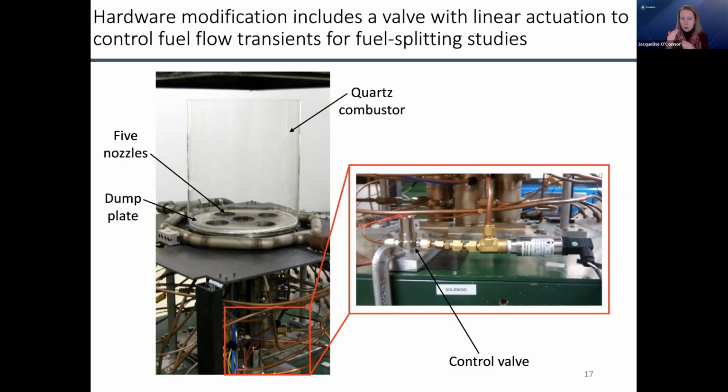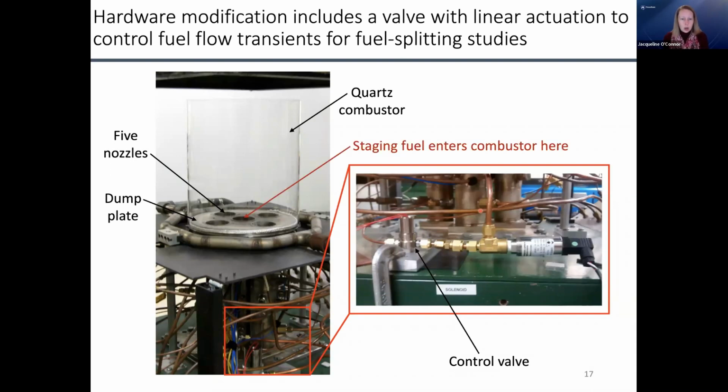By adding fuel to one nozzle, it would decrease the equivalence ratio in the other nozzles. So we're maintaining the global equivalence ratio. And so we could look at the effect that staging had, so this unbalancing of equivalence ratios, on the instability.